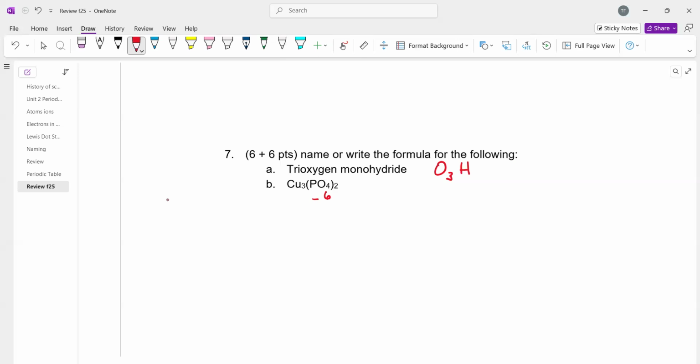2 times 3 is 6, yes. It has to be +2 though. So the name is copper 2 phosphate.